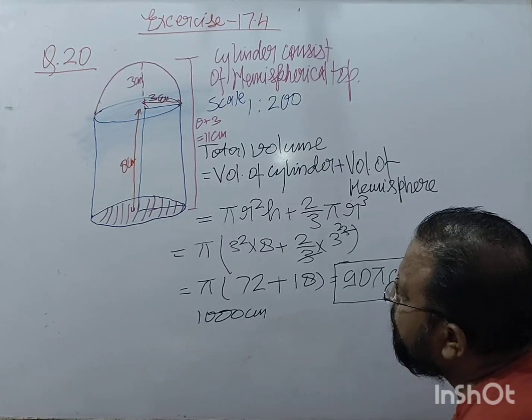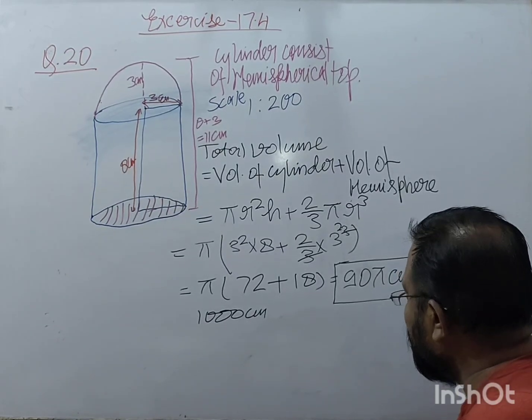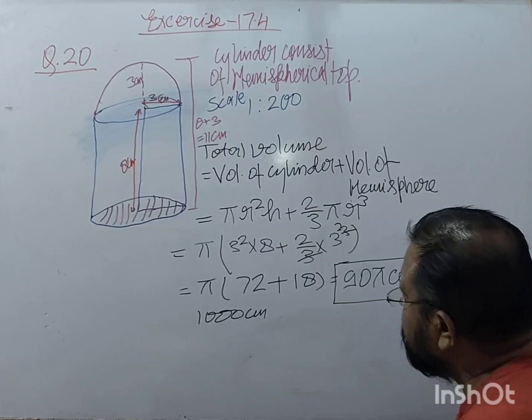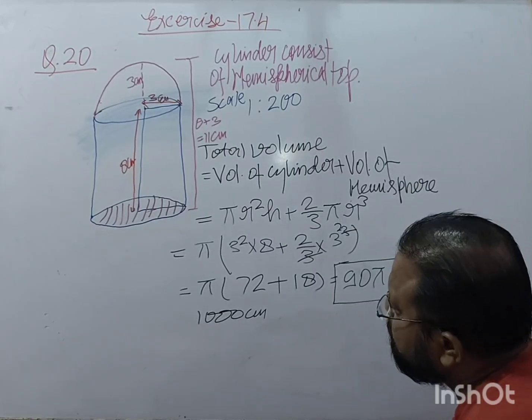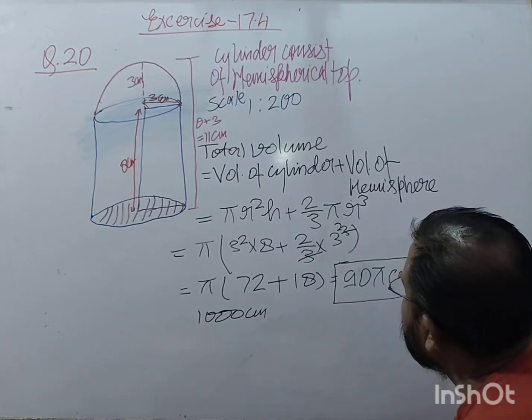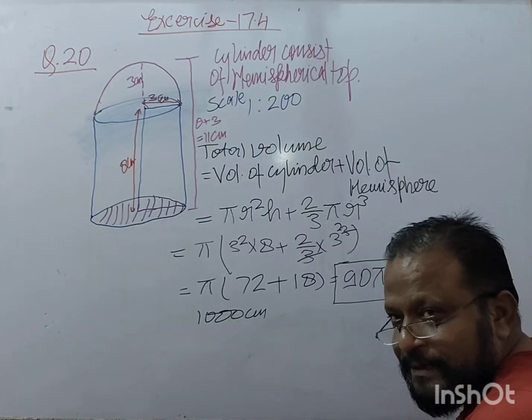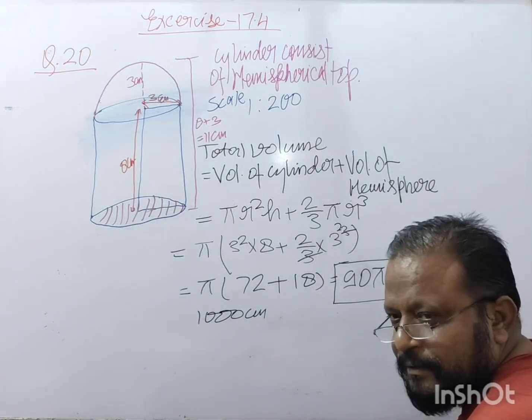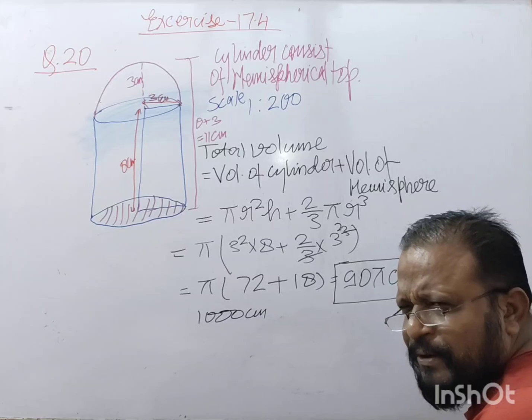The scale is 1 to 200. Pi liters is given. Yes? So why are you not telling me?